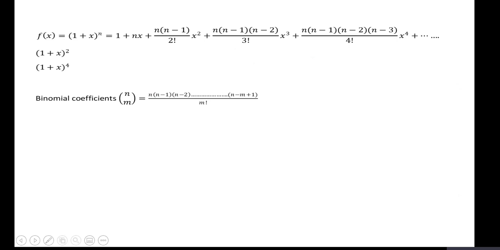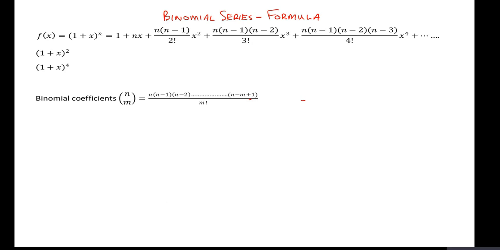Well, let's have a look. Okay, there is the binomial series formula, which you need to recall. But more importantly, you need to know how to implement it, how to use it.